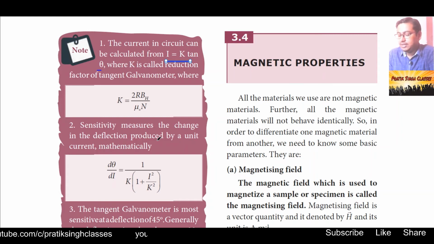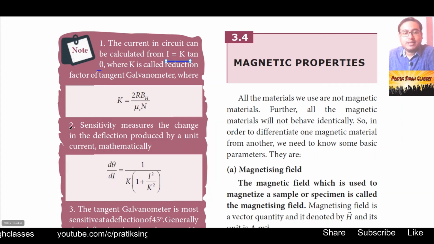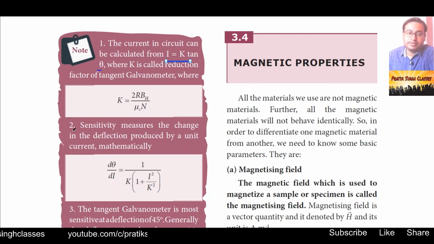They simply switch on the tangent galvanometer and hover it near the wall, and whenever they see the deflection, they find out that there is some current passing inside the wall. Whatever the thickness of the wall, the tangent galvanometer will deflect, because it is so sensitive that it can measure the current even if it is in milliamperes or microamperes.